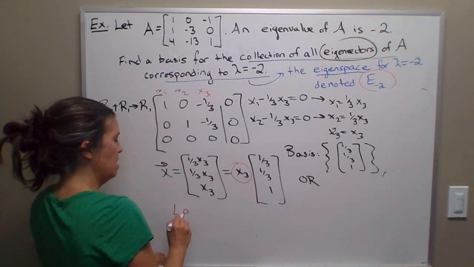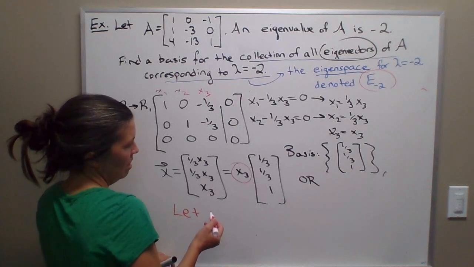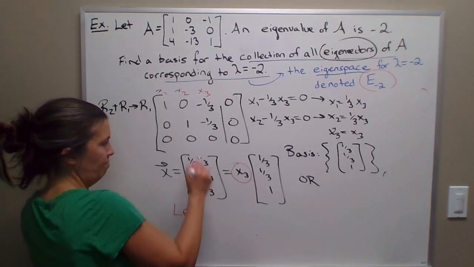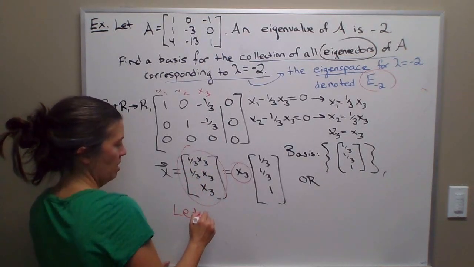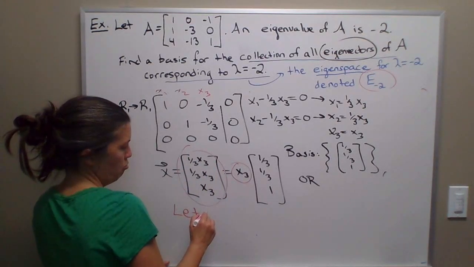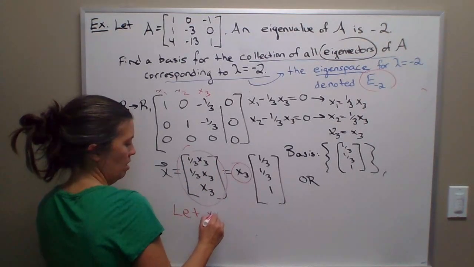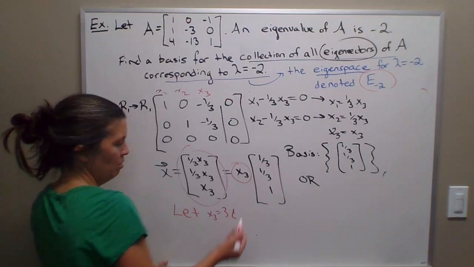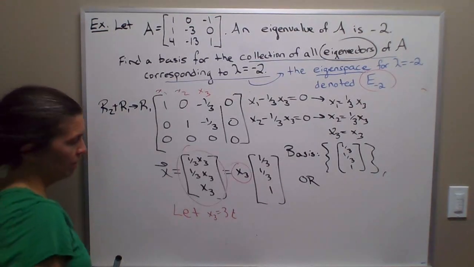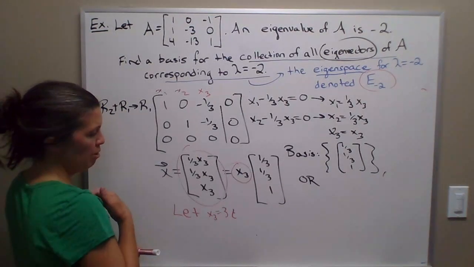You can do something like let x3 here, let's look at this form, equal 3t, where t is any number. We're just introducing this parameter t.